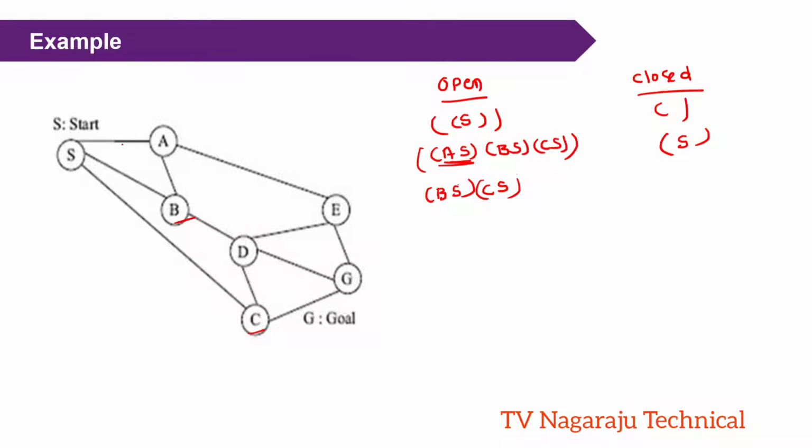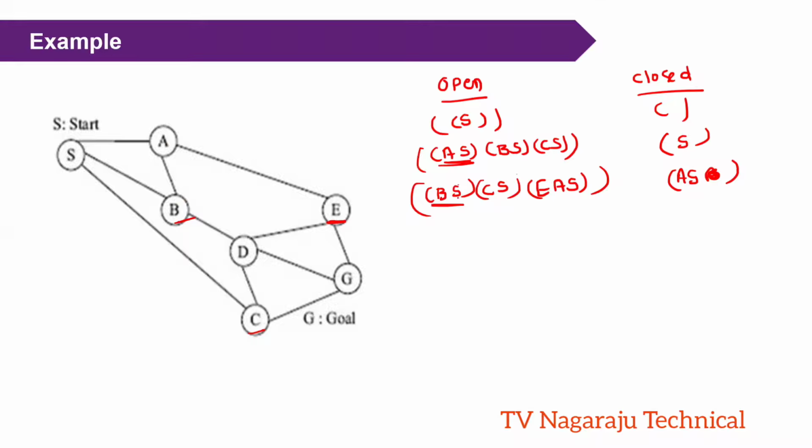What are the neighbors? S is already completed, B is already completed, the remaining is E. So I write E, A, S in this fashion. Now my closed consists of S, or here also you can write it in the form of AS. Next, which one do you want to expand?